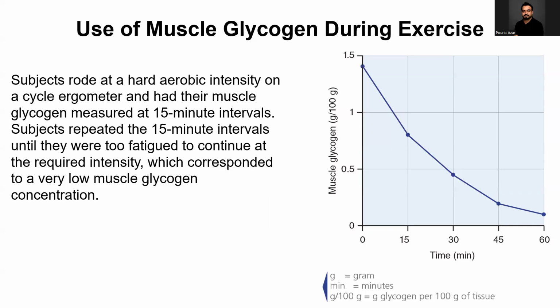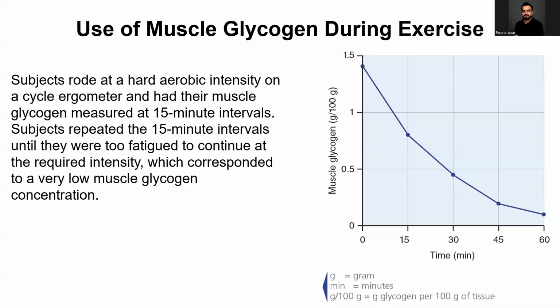And this is what happens to the glycogen content of a muscle tissue during exercise. For instance, in this graph, the muscle glycogen at time zero, before starting the physical activity, is close to 1.5 gram per 100 gram of muscle tissue. That's the concentration of glycogen in the muscle tissue.